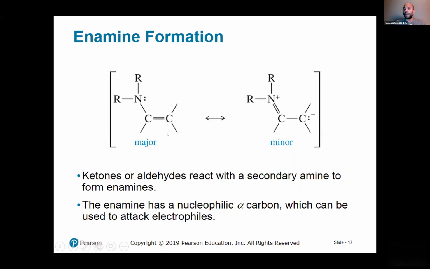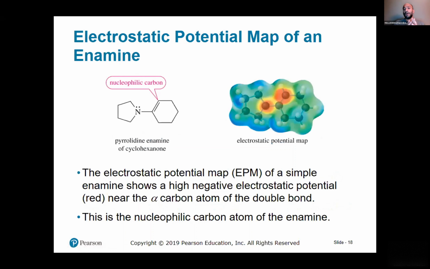Now, if we look at the electrostatic potential map for this enamine, you can see the electron density is actually distributed on two sides of the molecule. One side is the nitrogen, and the other side is the carbon adjacent to the carbon attached to the nitrogen, let's call it the alpha carbon on that double bond.